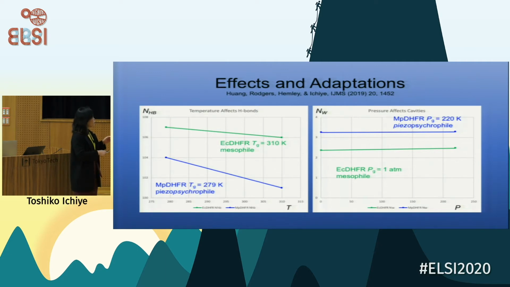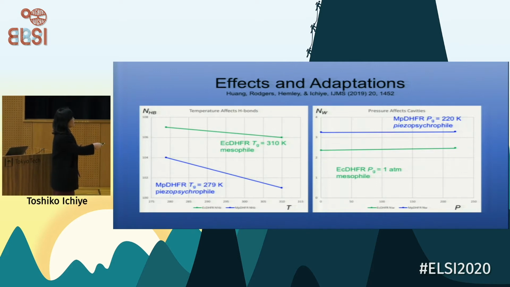But the thing that I wanted to point out is that for the Moritella, you can fit more water inside the protein. So that would say that the cavities are bigger in Moritella than E. coli. And so you might think of that as an adaptation for high pressure. Okay?